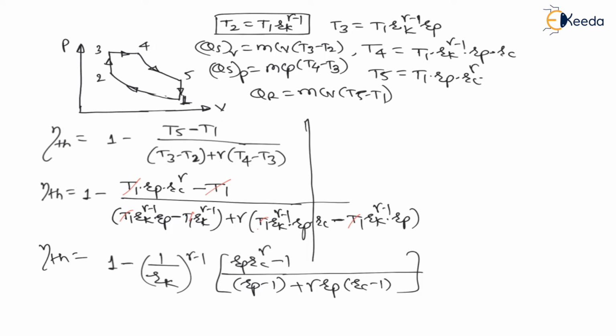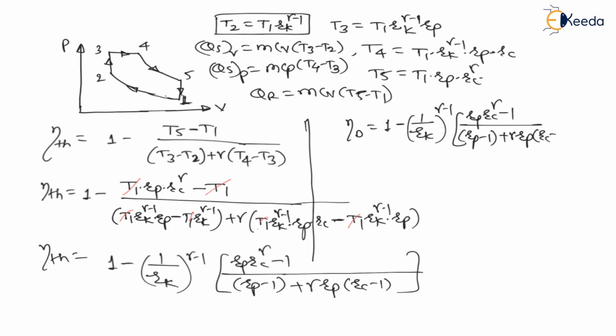Therefore, in terms of compression ratio, explosion ratio and cutoff ratio, the efficiency of dual cycle is equal to 1 minus 1 upon Rk raised to gamma minus 1 into (Rp Rc raised to gamma minus 1) divided by (Rp minus 1 plus gamma Rp (Rc minus 1)). This is the formula for dual cycle.